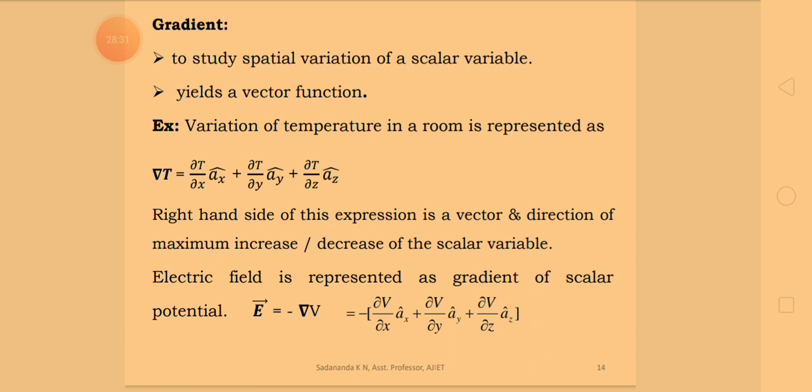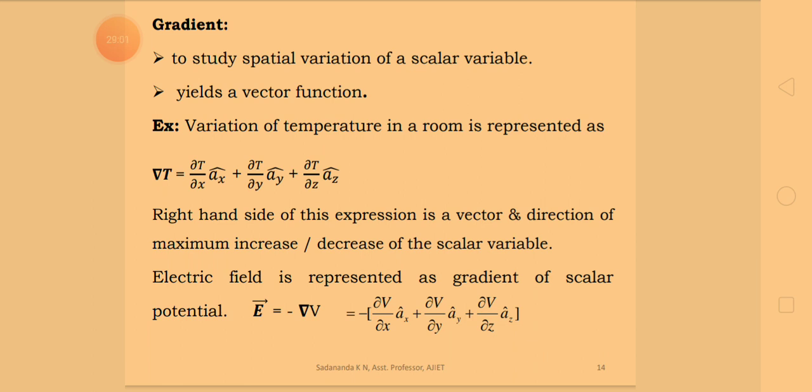You can think of the variation of temperature in a room as an example for the gradient operation. It is represented as del T, as shown in the slide. Del T is equal to dou by dou x of T into unit vector Ax cap plus dou by dou y of T into Ay cap plus dou by dou z of T into Az cap.